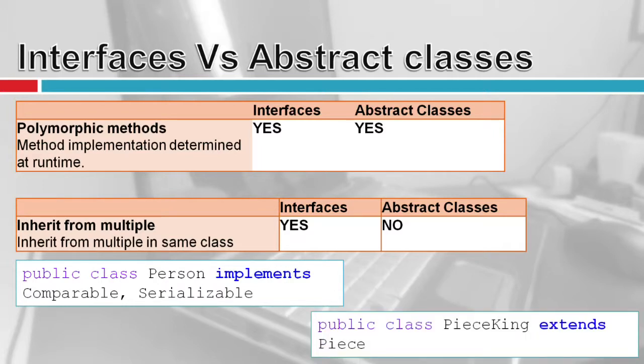However, abstract classes can only inherit from one class. A regular class can only inherit from another class. So you can only use extends. You don't see a comma, piece, comma, game board or something like that, because with classes and abstract classes you can only extend one class at a time, only one parent, whereas interfaces can have many parents, and that's not a problem.